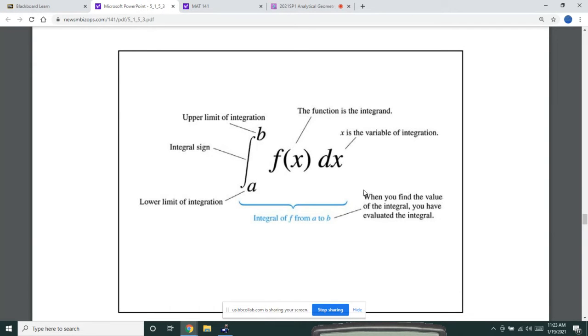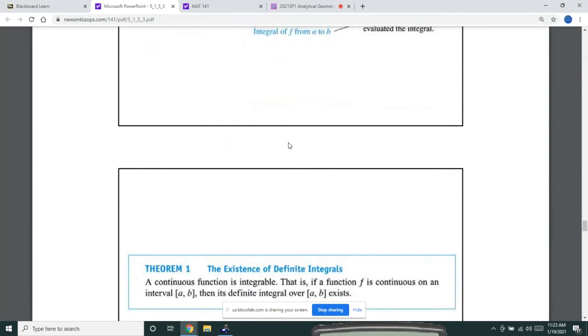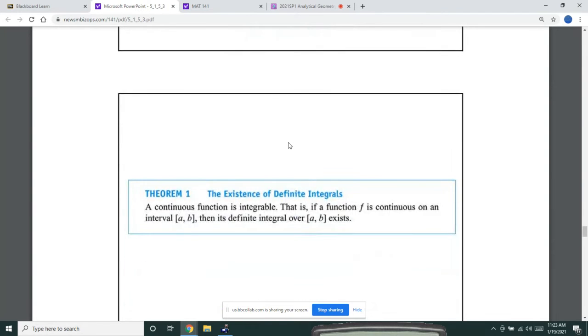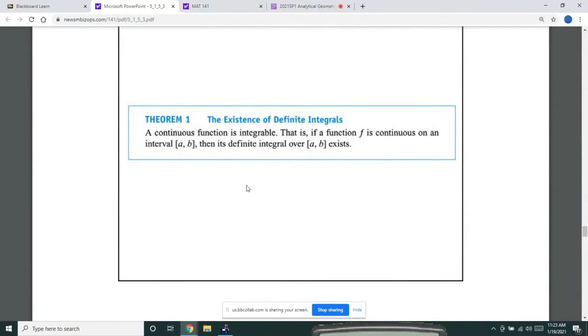We also have what's called infinite integrals, and infinite integrals do not carry limits of integration. But before we talk about those infinite integrals, we're going to talk about definite integrals. All right, so I'm going to go back to the shared screen, and we're going to see how we can use integration to find area.